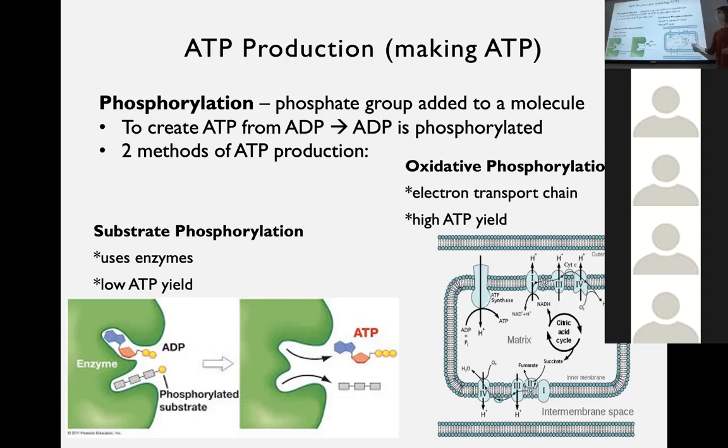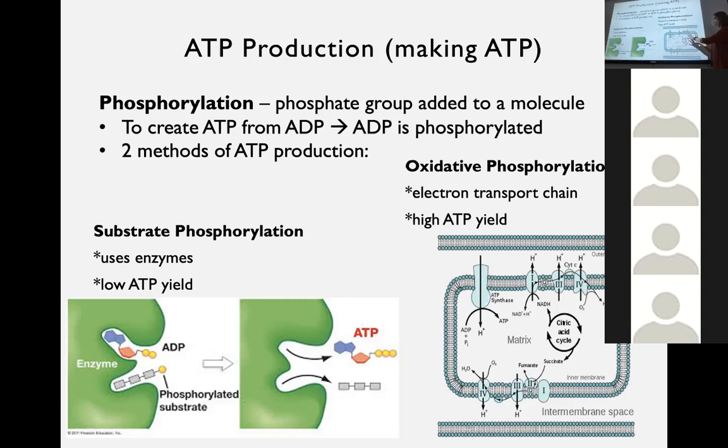And by and large, I'm going to be talking about oxidative phosphorylation as we go into respiration, much more than substrate phosphorylation. So know both of these methods of phosphorylation, basically these 2 bullet points under substrate phosphorylation versus oxidative.